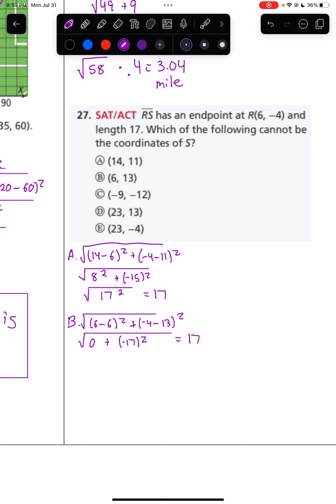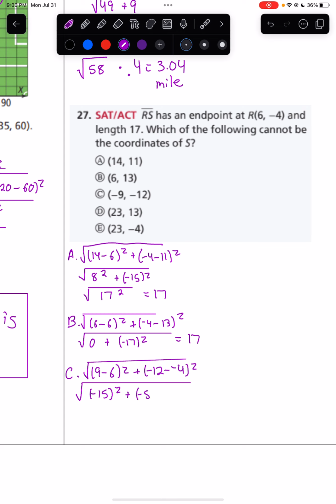So B works. C is going to be the square root of 9 minus 6 squared plus -12 minus -4 squared, which is going to give us the square root of -15 squared plus -8 squared.